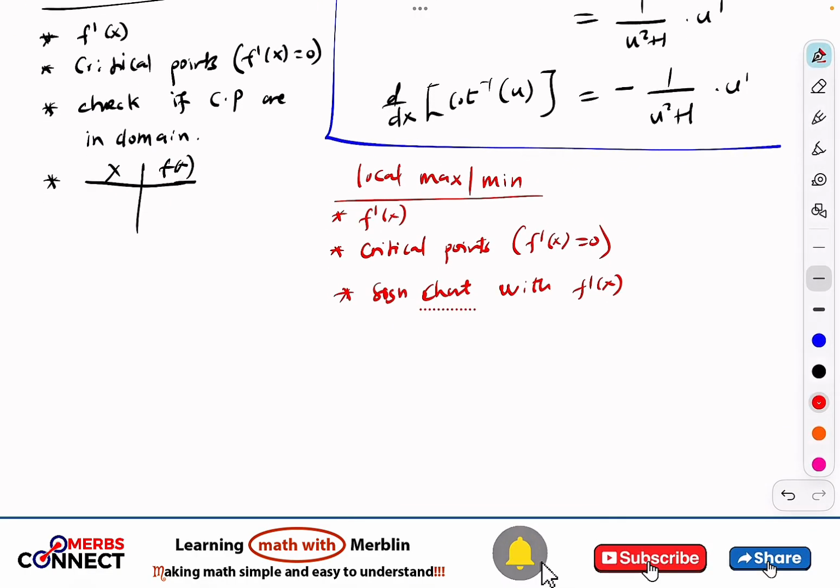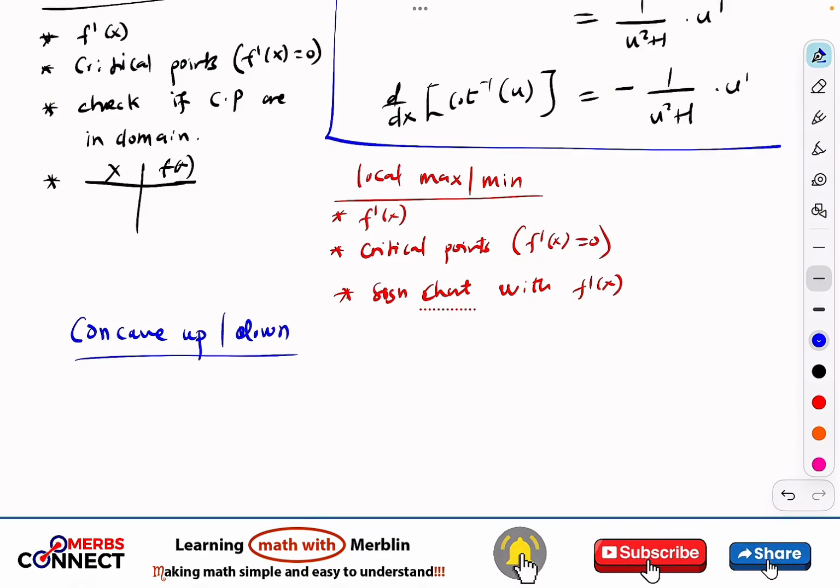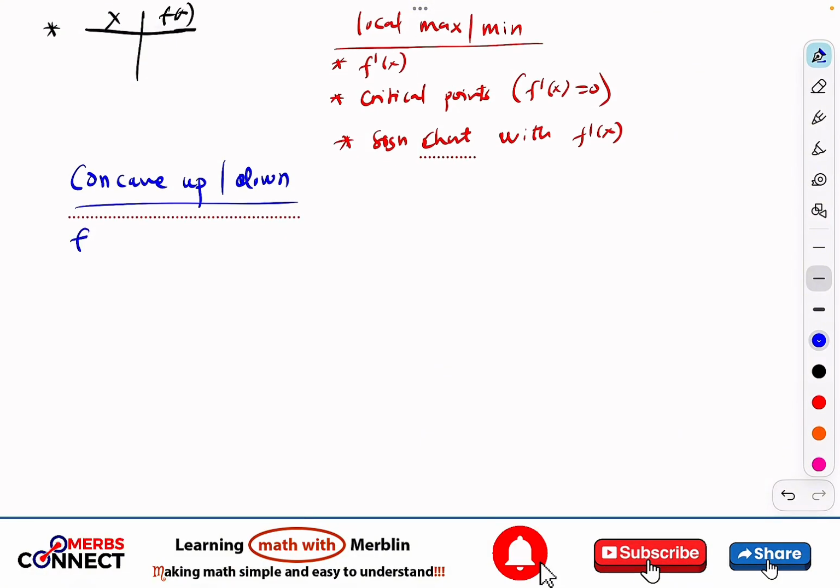And then last one, then we go to the next video, is concavity, concave up and down. Now for concave up and down, we need f prime prime, right? And then we use f prime prime to find the inflection point. For inflection point, we need to check if the sign is changing.